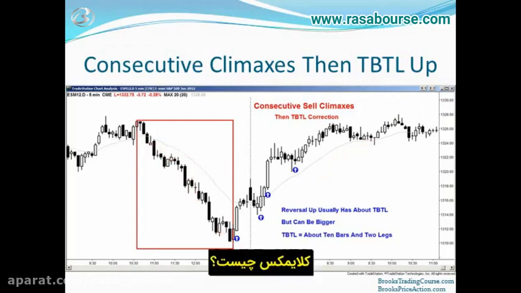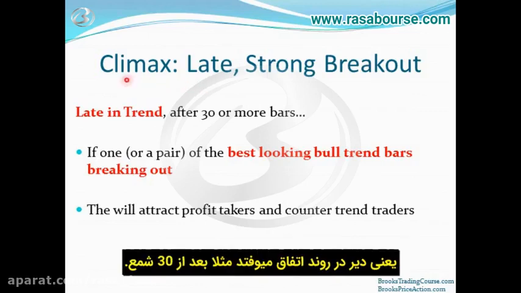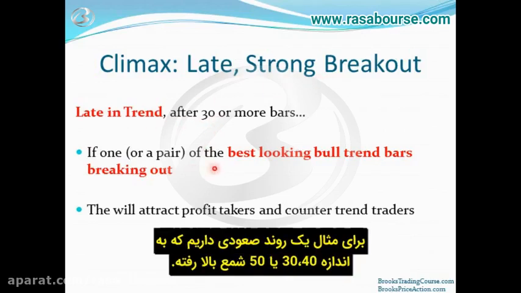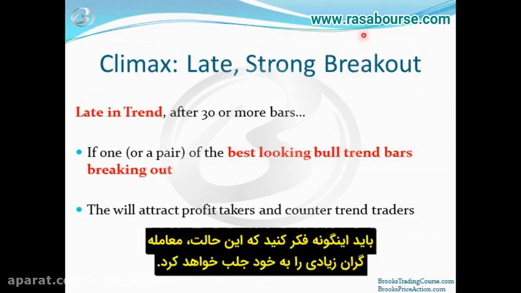What is a climax? It's a late, strong breakout, late in a trend, after 30 or more bars. Let's talk about a bull climax. If you have a bull trend going on for 30, 40, 50 bars, and then you suddenly get the best 2 looking bull trend bars in the entire trend, you have to think that it will attract a lot of profit takers.